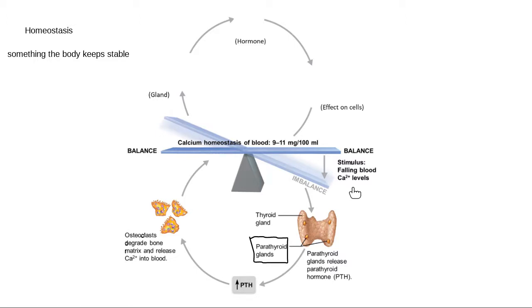So calcium levels are low in the body. My parathyroid glands detect that, or they get that message. They're going to spit out a hormone called parathyroid hormone. Parathyroid hormone spits out into the bloodstream. It's traveling throughout the body, and it attaches to receptors on osteoclasts.